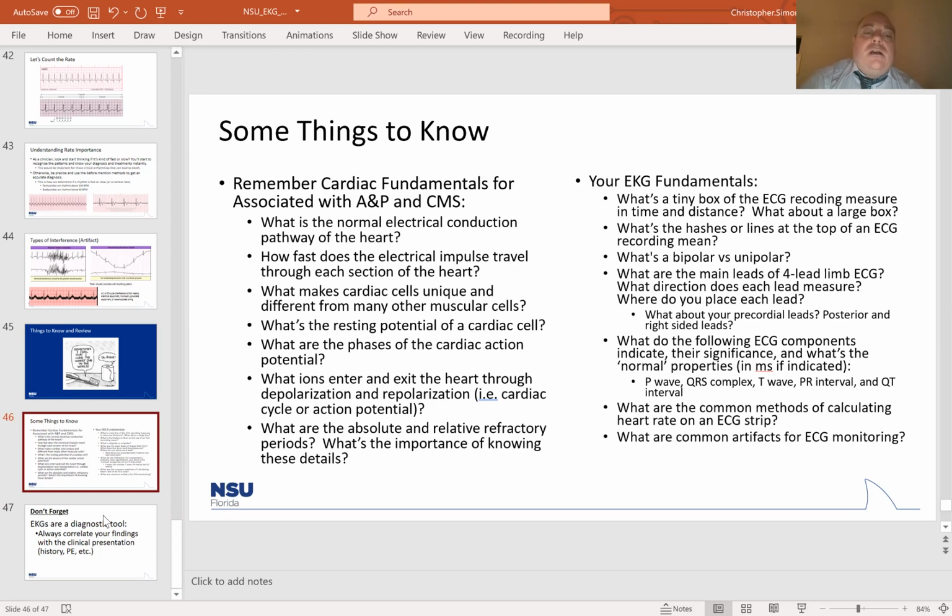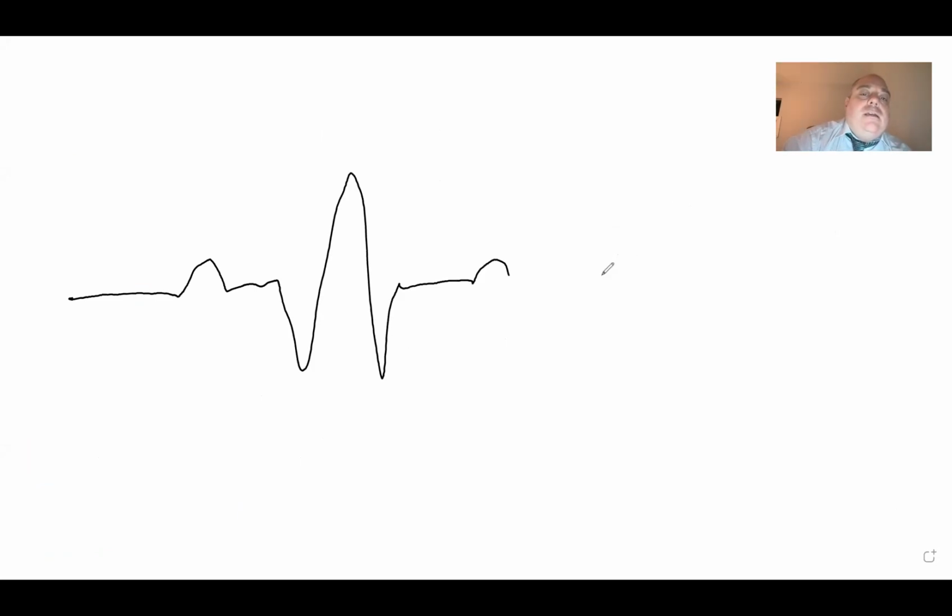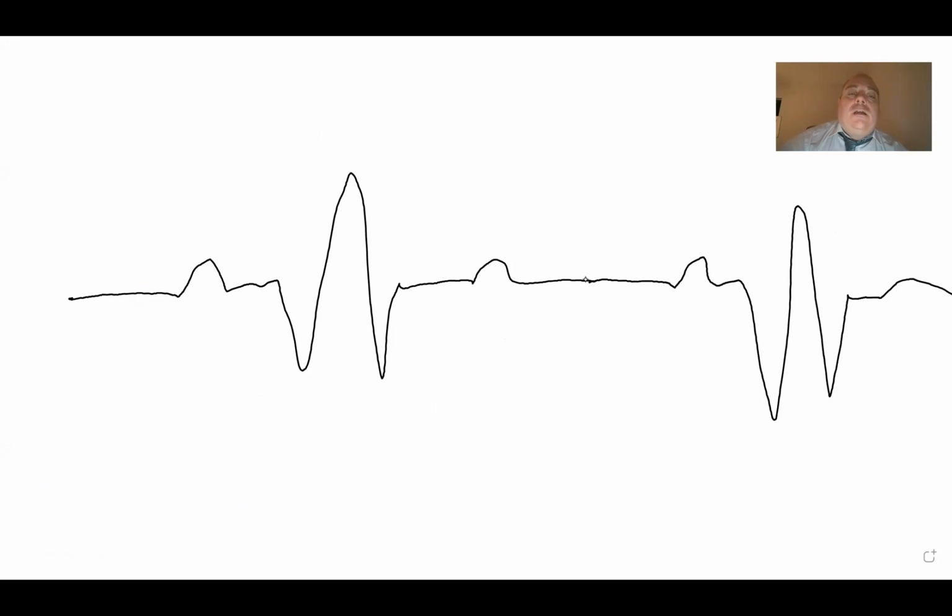And what is a cardiac cycle? That's not something that we talked about, right? So actually, let me just show you real quick. So if you had a P, a QRS, and a T, and a P, a QRS, and a T, okay?